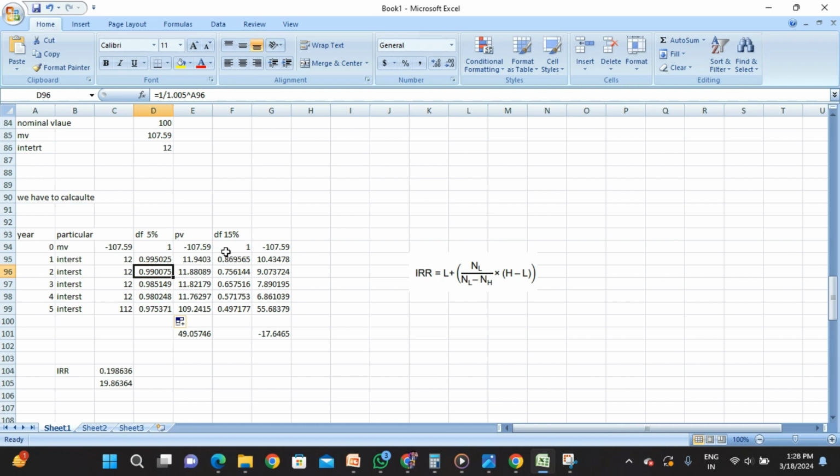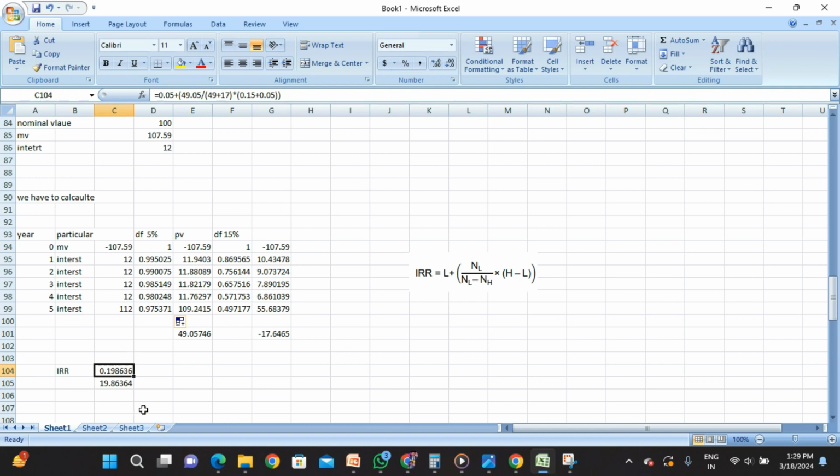Second, same as we do for 5%, we do for the discount factor of 15%. We are receiving the negative 17.64. Then we calculate the IRR by using the formula. L means the lower rate, 0.05, plus bracket open 49.05, the NPV at lower rate, divided by bracket open 49, the lower NPV, plus the higher NPV, bracket close, into bracket open higher discount factor 0.15 minus 0.05, bracket close.